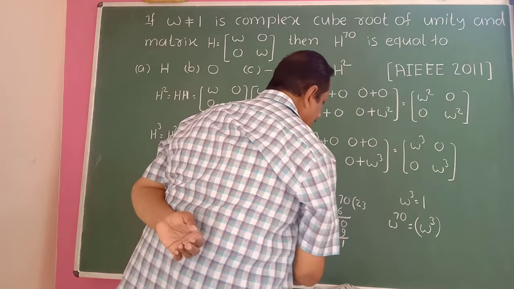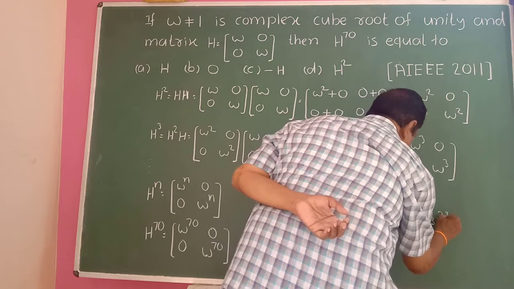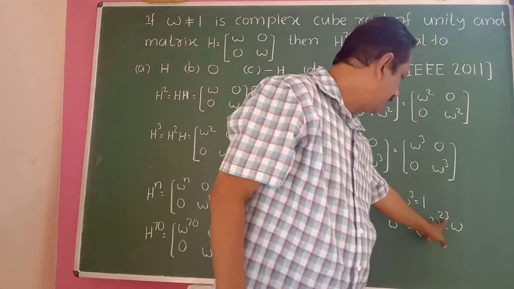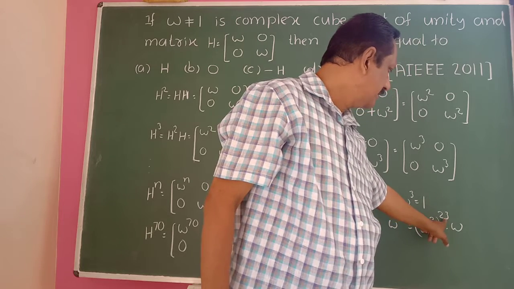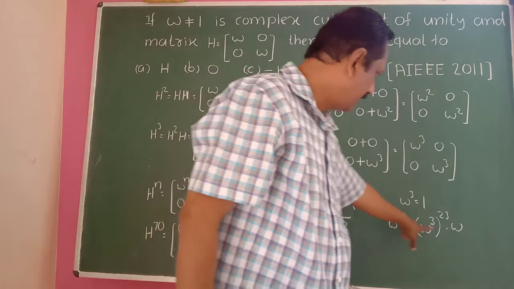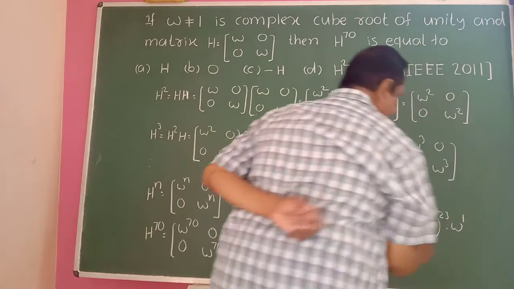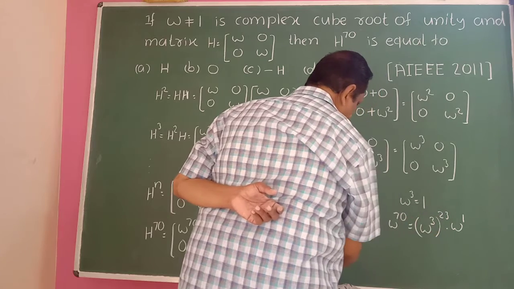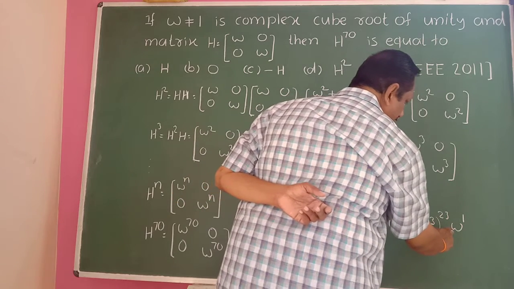Remainder is 1. So omega raised to 3 into 23 times omega. 3 into 23 is 69, plus 1 remainder. So omega raised to 3 into 23 and remainder is 1, so omega raised to 1.